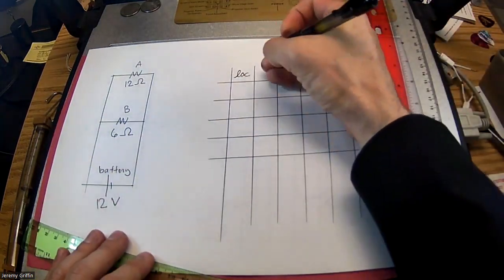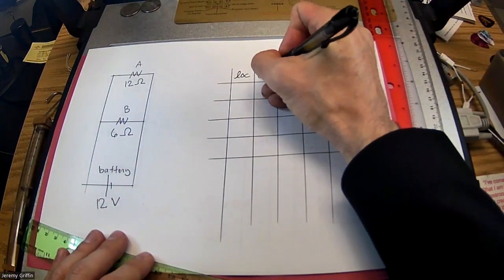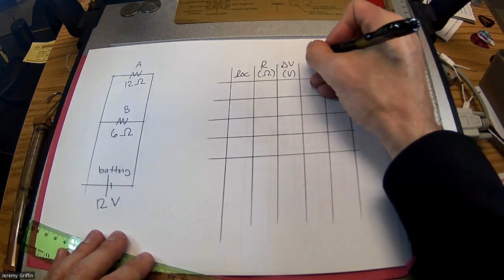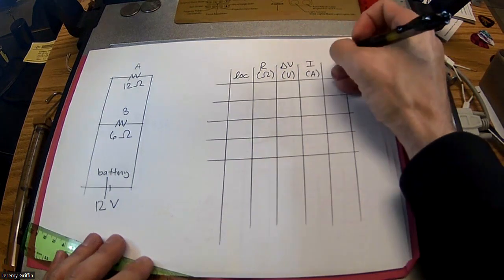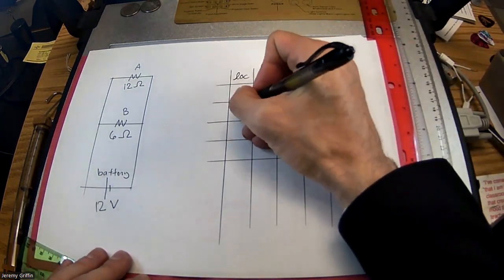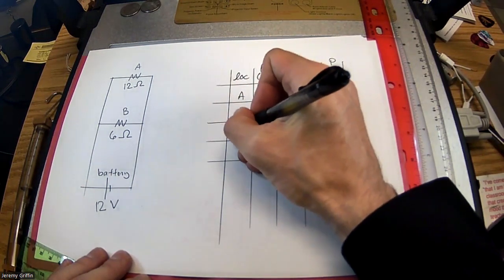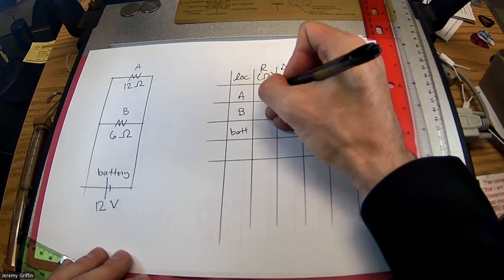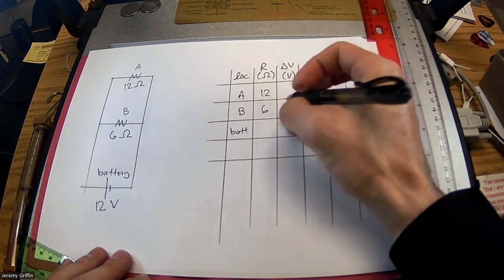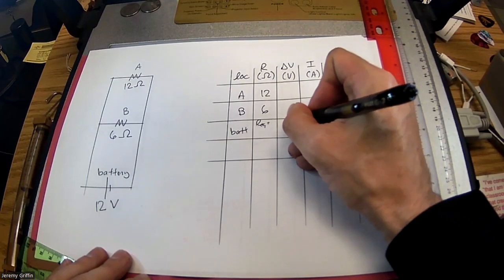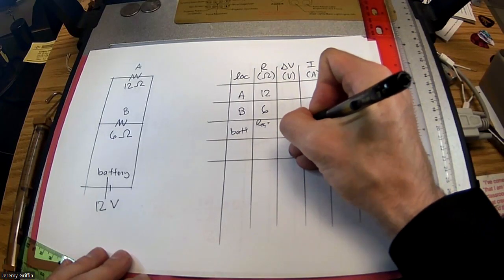So location, resistance in ohms, potential difference in volts, current in amps, power in watts. All right. Okay, so I gave you guys 12 ohms there, 6 ohms there, and I gave you guys a 12-volt battery.